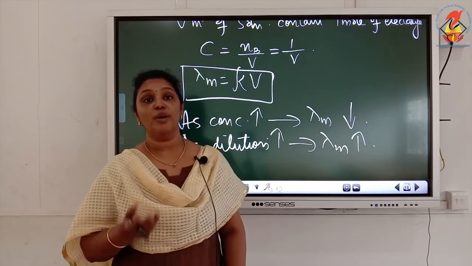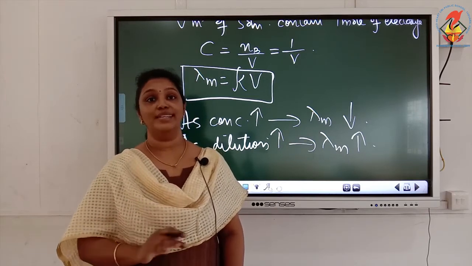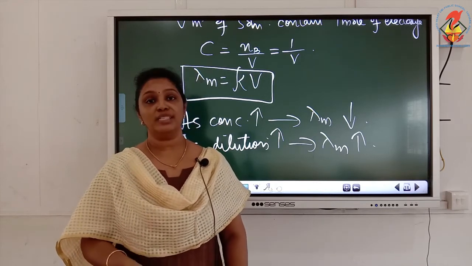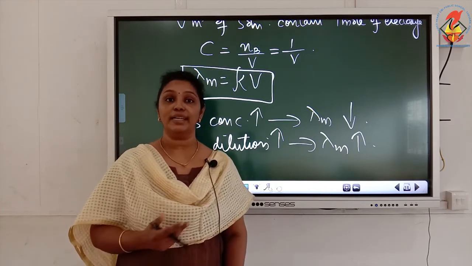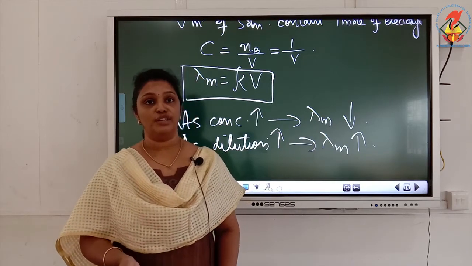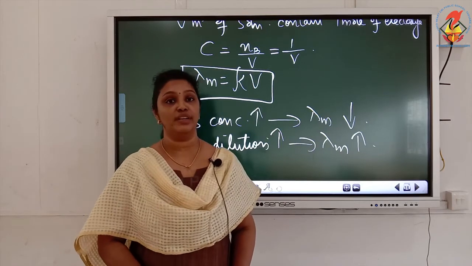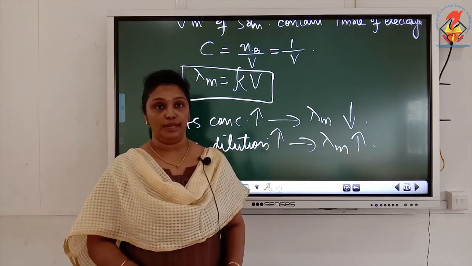So this is the variation of molar conductivity with concentration. But the variation of molar conductivity with concentration is different for strong and weak electrolyte. So next we are going to discuss how molar conductivity varies with concentration for strong electrolyte and how it varies with concentration for weak electrolyte.